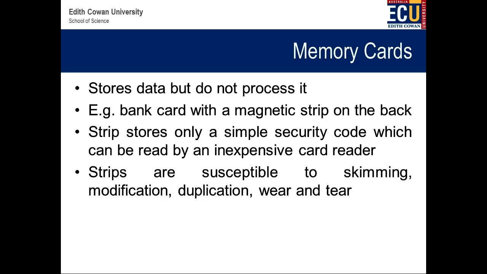The older bank cards had a magnetic strip on the back that stored a simple security code which could be read by an inexpensive card reader. So those cards were susceptible to skimming, modification, duplication, and wear and tear.